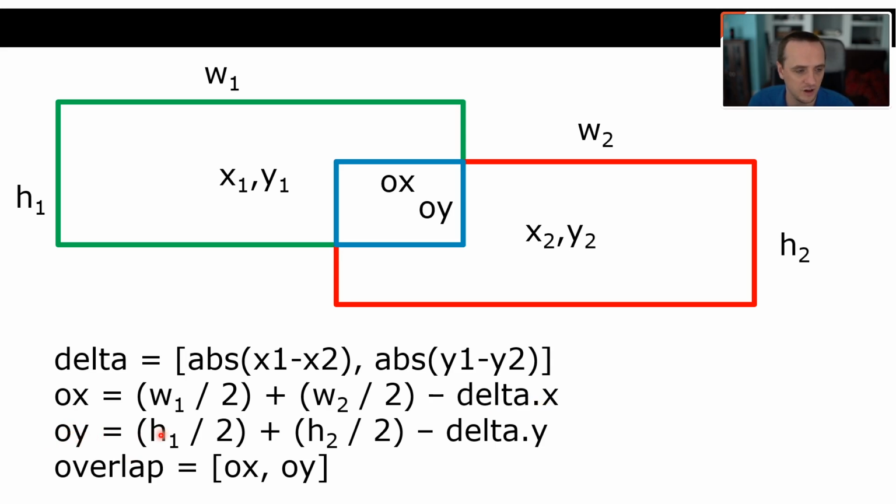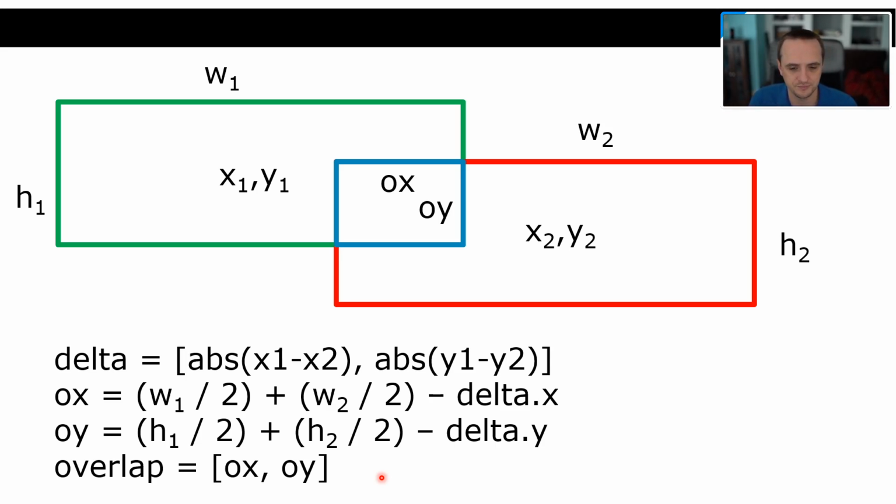So oy is height 1 over 2 plus height 2 over 2 minus delta y. And then we combine those, and now we have an overlap vector. Okay? So the overlap vector is how much the two rectangles are overlapping in the x and the y directions. And if both of these values, ox and oy, are positive, then our two rectangles are overlapping.